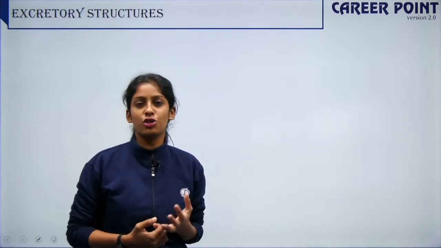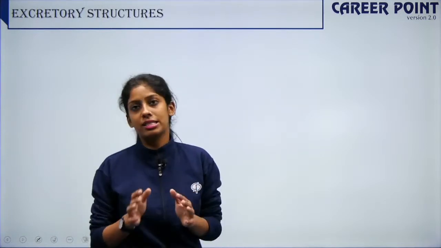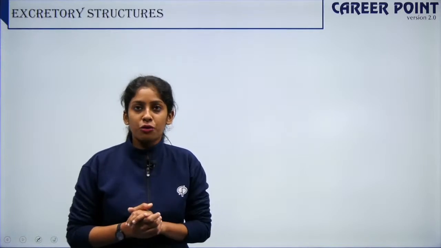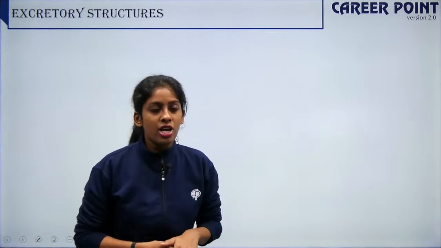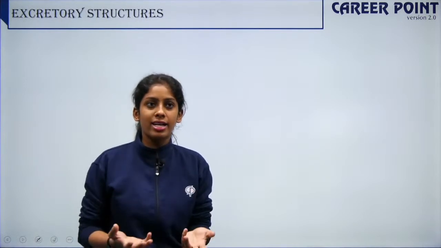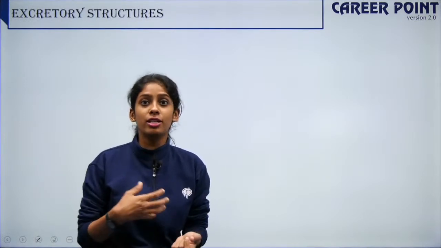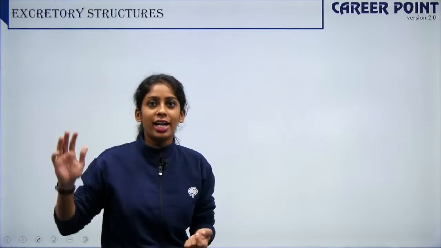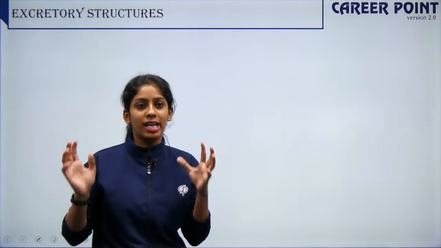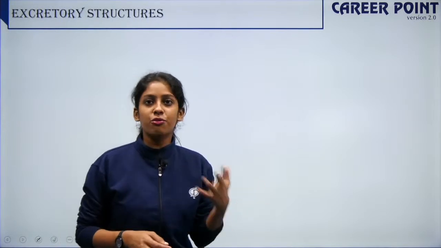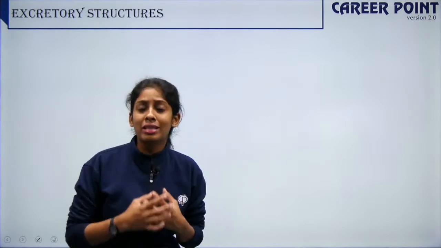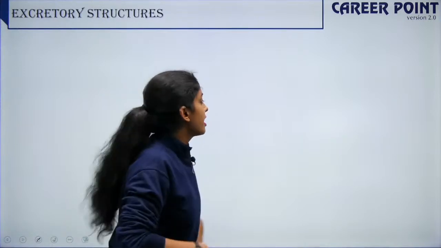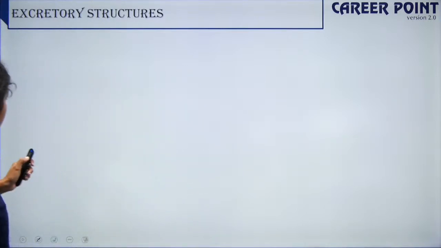When you see the first chapter in class 11, diversity in living organisms, the number of organisms is huge and endless. There are so many varieties that it takes millions of years just to count. So animal kingdom, plant kingdom, how do they excrete? That is what I'm going to talk about under excretory structures.